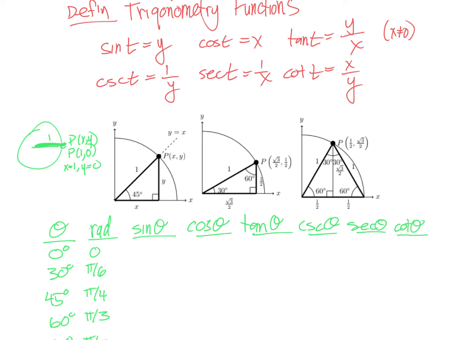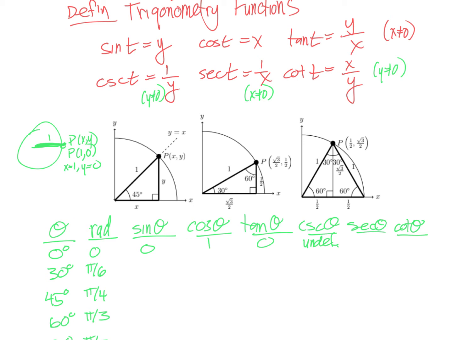Right, so y was 0, x was 1, tangent is 0, and then going through cosecant, 1 over y, but y was 0, so we can't do that, so this is going to be undefined. In fact, probably should back up a little bit and write over here that also we have y cannot be 0, and over here we have y cannot be 0, and then over here we have x cannot be 0, just so that we make sure that we're not dividing by 0.